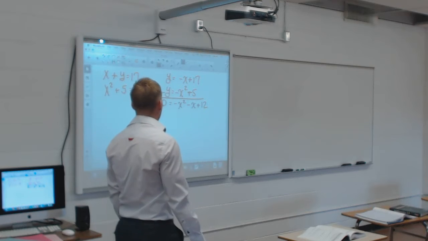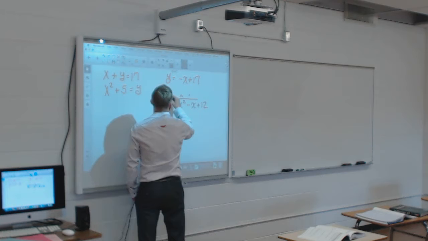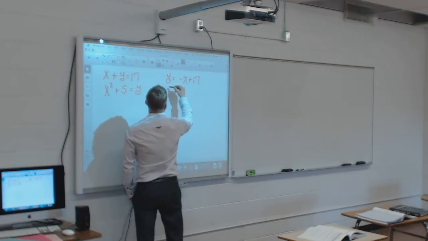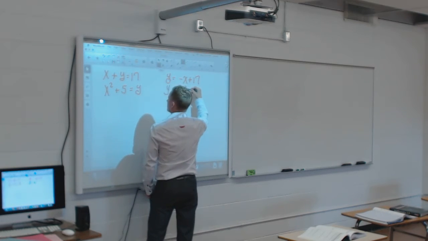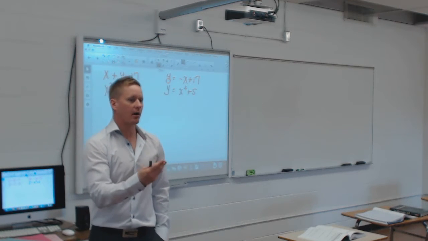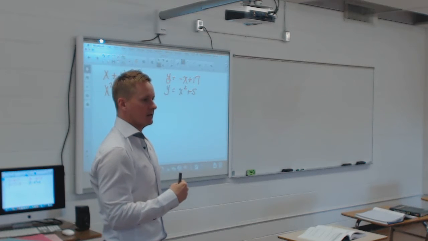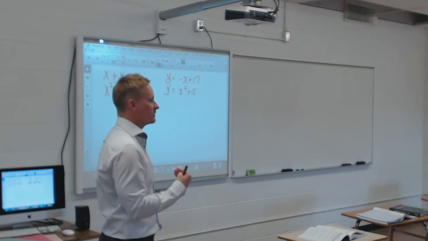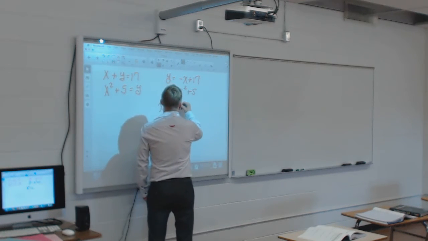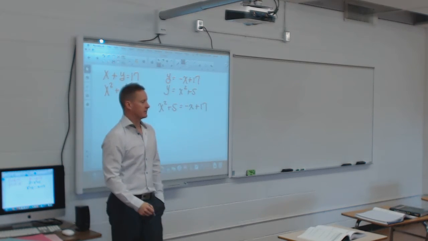So what I should have done, when I had y equals x squared plus 5, and I've already got both as y equals, is instead of using the adding and subtracting method, the elimination method, I'm going to use substitution instead. So I'm going to write it as x squared plus 5 is equal to minus x plus 17.